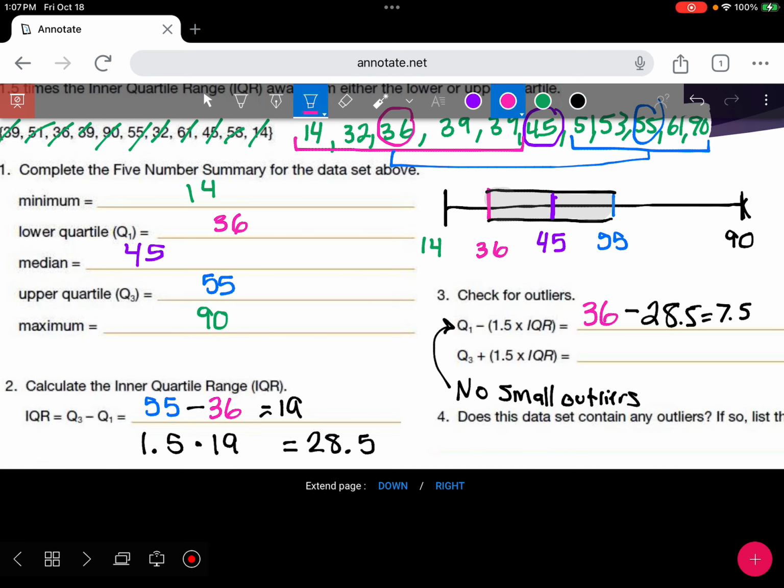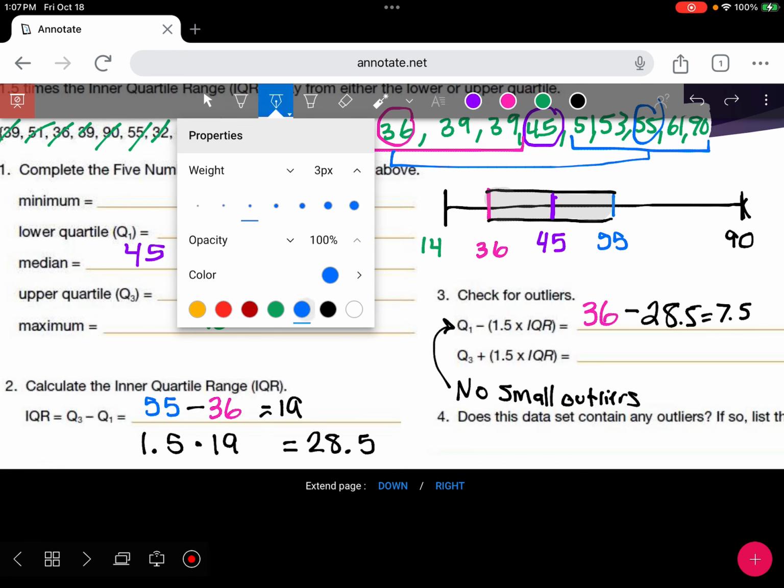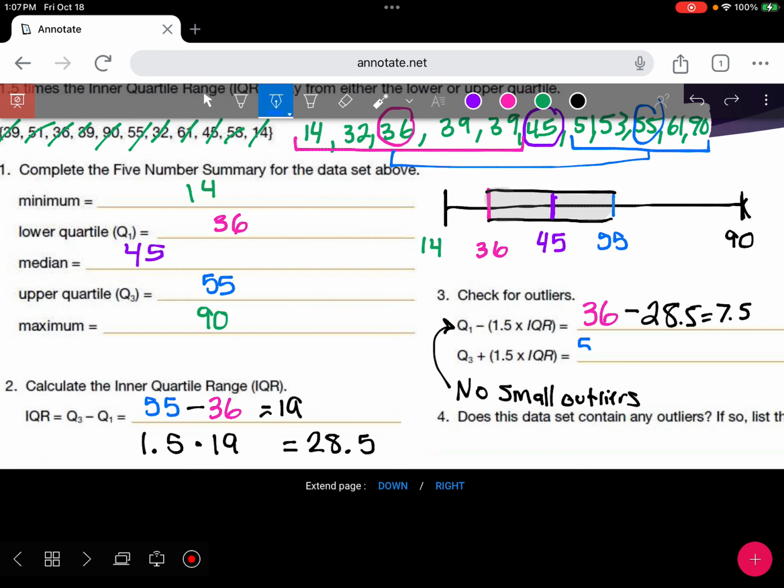Then we're going to check the other direction. Let's see if we have any big outliers. Do I have anything that is more than 1.5 IQR from this box? So we're going to take our Q3, that 55, and we're going to add that 28.5.